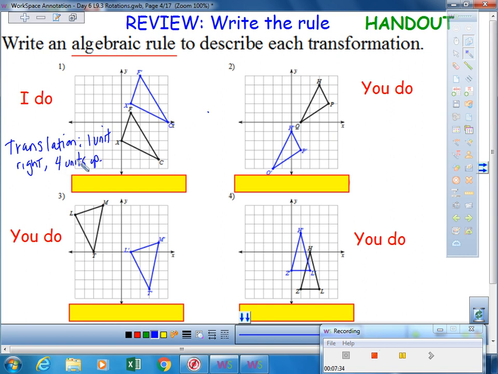Do you need the word unit? Yes. And then my algebraic rule would be (x, y) becomes (x plus 1, y plus 4). There's my algebraic rule. Okay? So, I want you to do these 3.